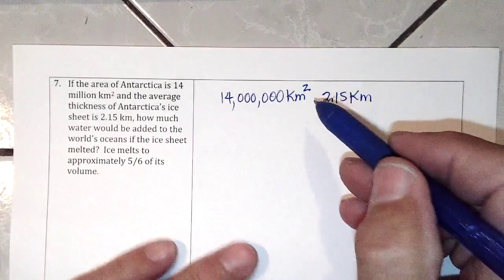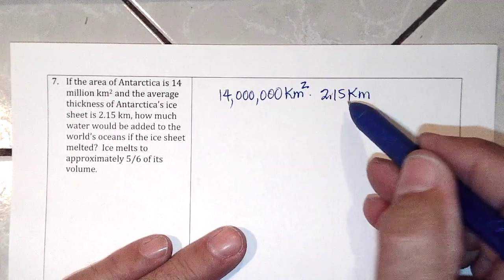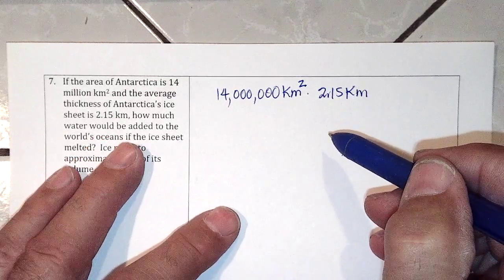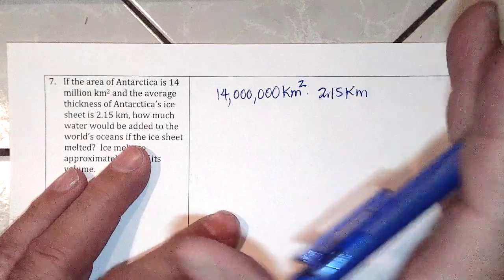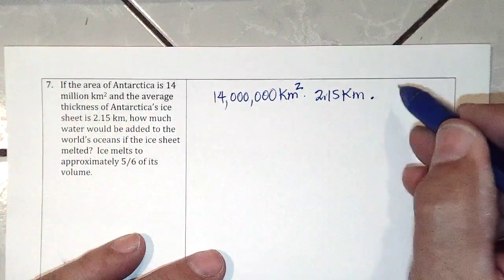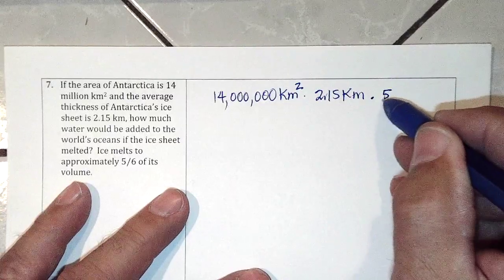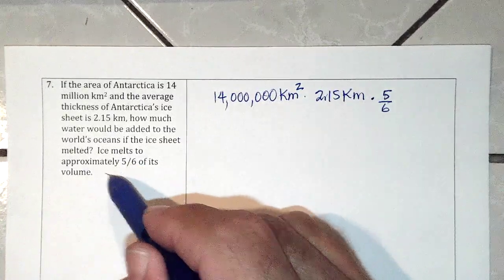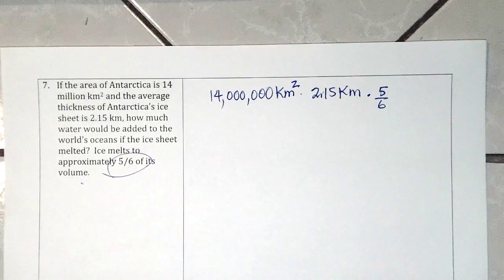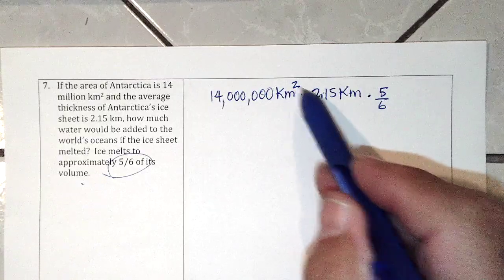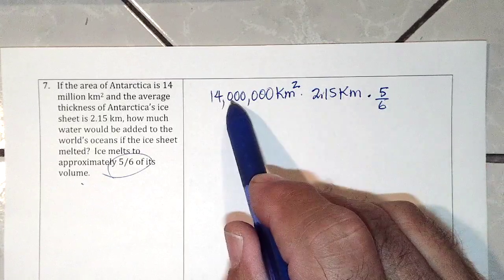So if you multiply the area times the height, you get the volume of the ice. Then ice, when it melts, shrinks. So the shrink factor is 5/6, which they said here.